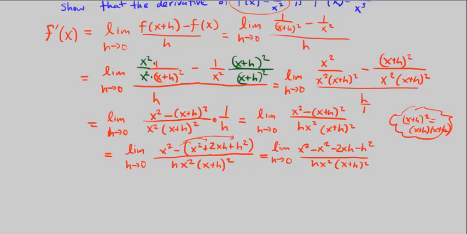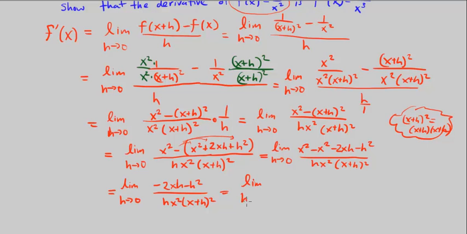Okay? And again, the reason we're doing this is that if we plug in h equal to 0, we're going to get something over 0, undefined, and so we have to keep investigating. This becomes the limit as h goes to 0. Well, x squared minus x squared cancel out, so we have negative 2xh minus h squared over h times x squared times x plus h squared. So in the numerator, we can factor out an h.